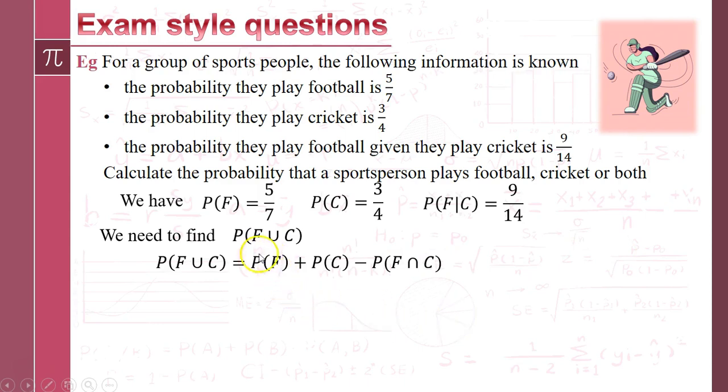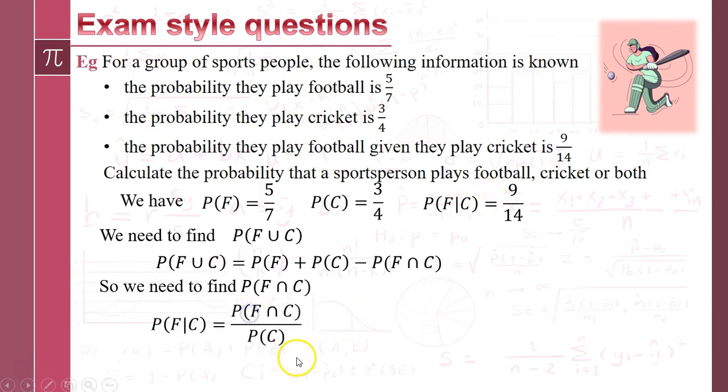In this form, we've got the probability of F, we've got the probability of C. The bit we're missing is the probability of F intersection C. So we've got to figure out where to get that from. The one piece of information we haven't used yet is this bit here. In fact, the probability given they play cricket is 9/14. So let's see what happens with that formula. Let's pick our given formula. There it is, and you can see that the bit we need to find, this F intersection C, is sitting in there.